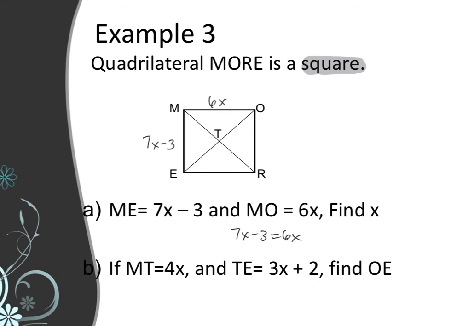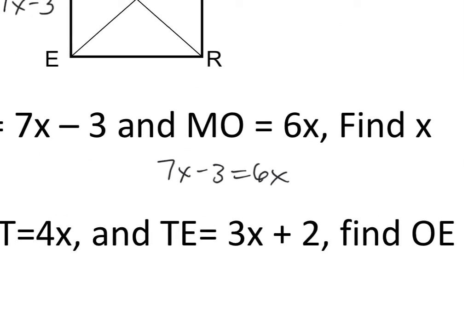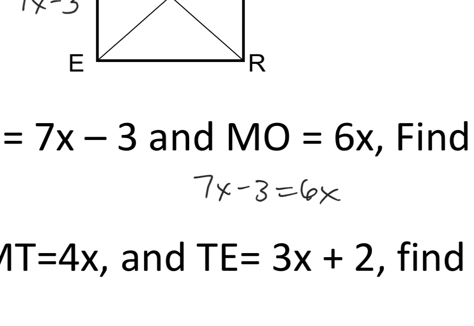We solve for x. What do we get here? How do we do this? Come on, my algebra people. You can subtract 6x or 7x. I'm going to subtract 7x. What do I get? Negative 3 equals negative x.